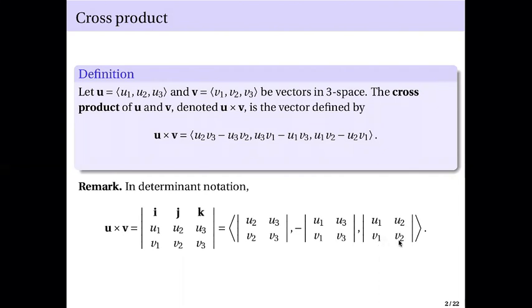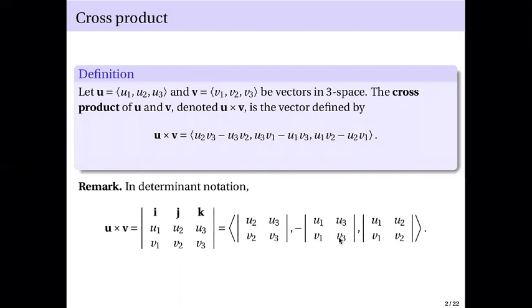So to easily remember this, look at the determinant in the first component. You are removing the first components of u and v. You get the determinant of the matrix without the first components. That's your first component for u cross v.